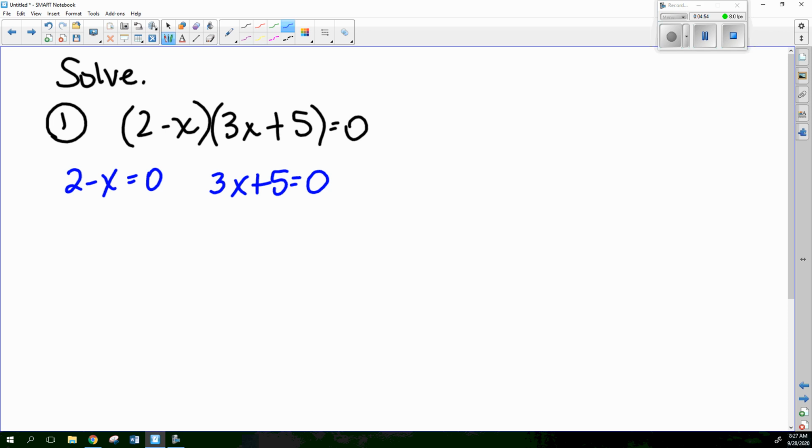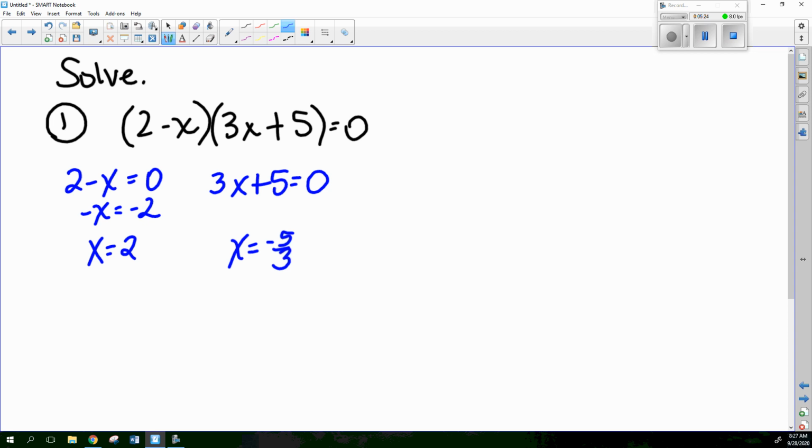Positive 2. There's a couple different ways to go about it. The quickest way would be to add the x to the right. But if I didn't do that, I'd have to subtract the 2 to the left and then divide out the negative. So don't lose your negative on that. It does become a positive 2. And the second one becomes x equals negative 5 divided by 3. Are we okay with that?